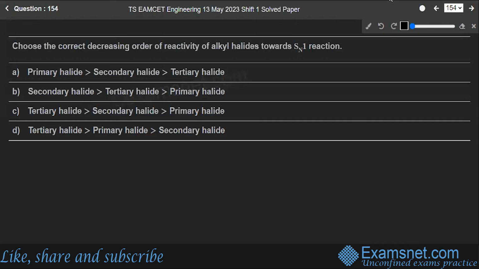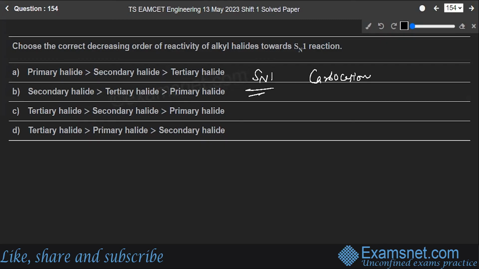It says you have to choose the correct decreasing order of the reactivity of alkyl halides towards SN1 reaction. They are primary halide, secondary, and tertiary halide. So let's go for this. For SN1 reaction, a carbocation intermediate is formed and the stability of the carbocation defines the feasibility of the reaction.